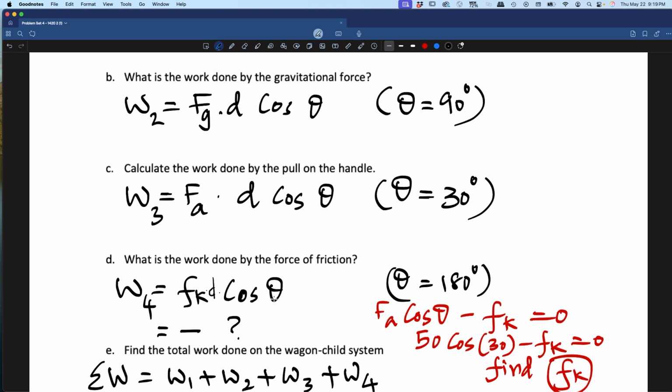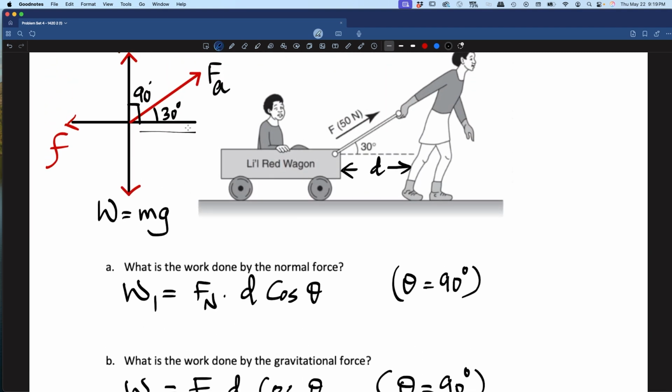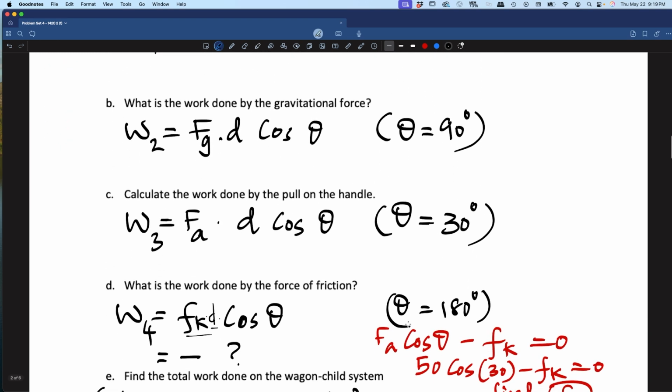Because we need the angle between friction and distance, which is 25. Remember that? So whatever you got for friction from here times 25 times cosine 180. Why is it 180? Because the angle between distance and friction is 180 degrees. So that is part D.